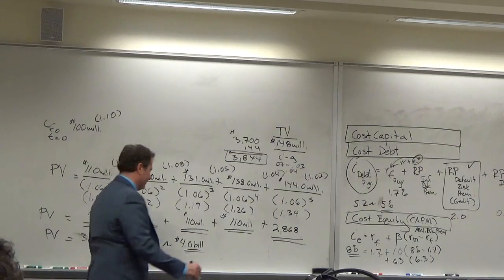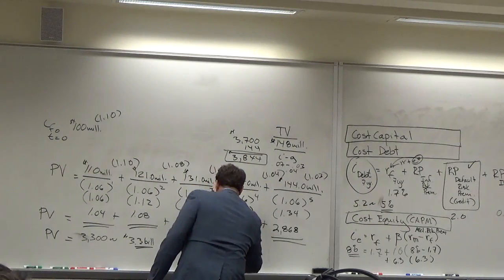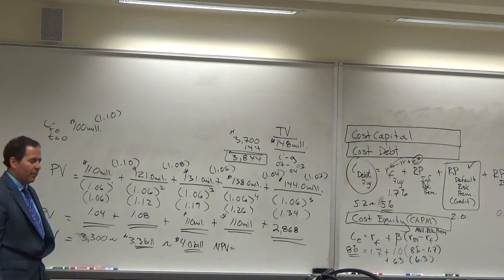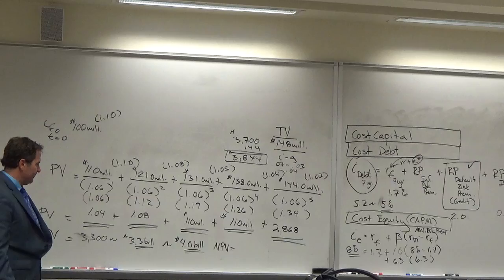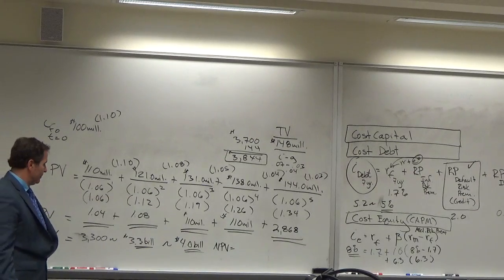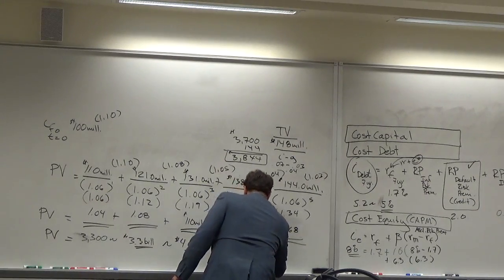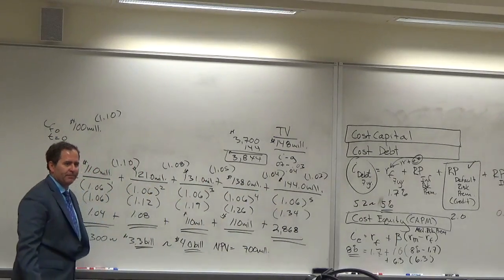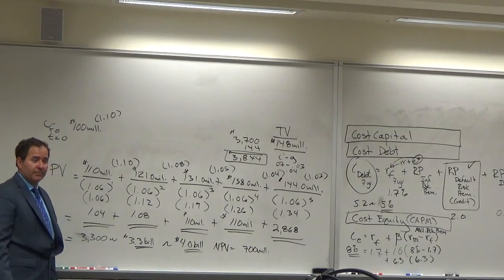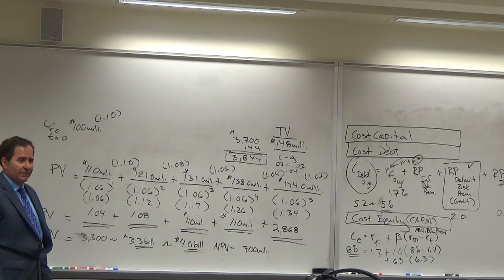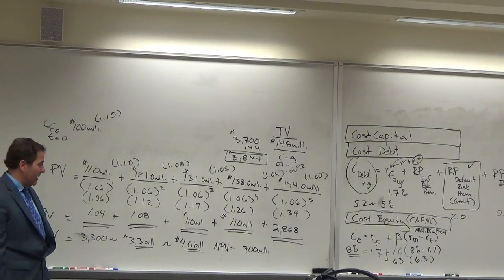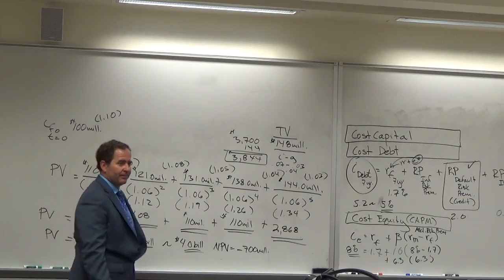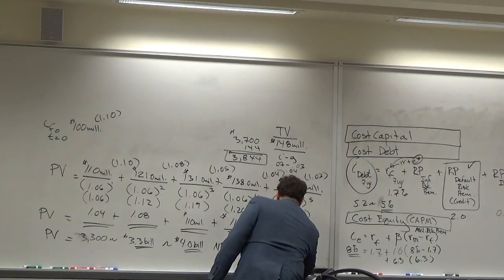What's the net present value? 700 million. Is it positive or negative? Negative. Are you going to accept or reject it? Reject.